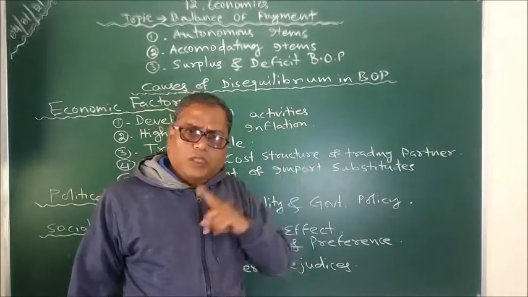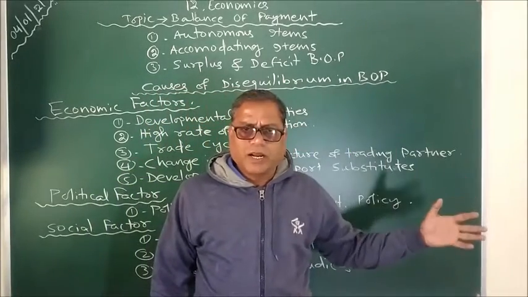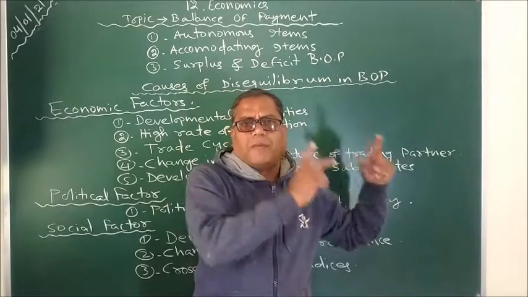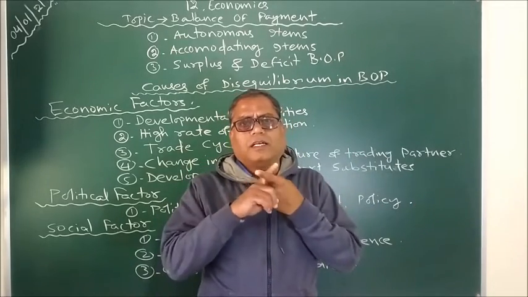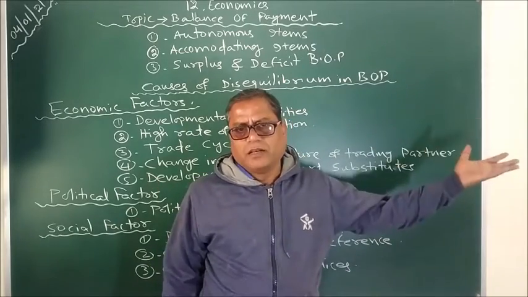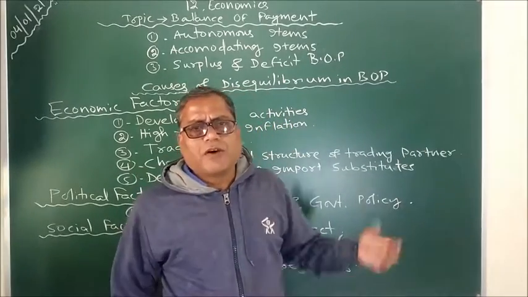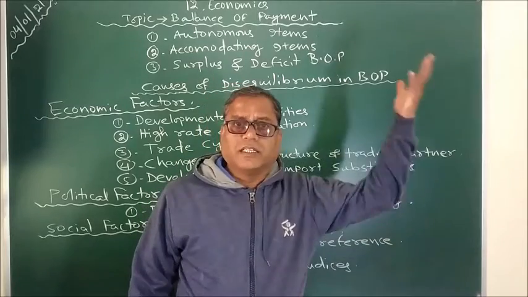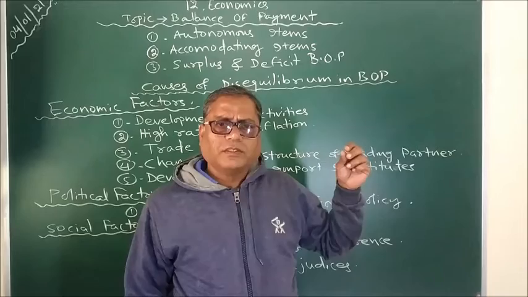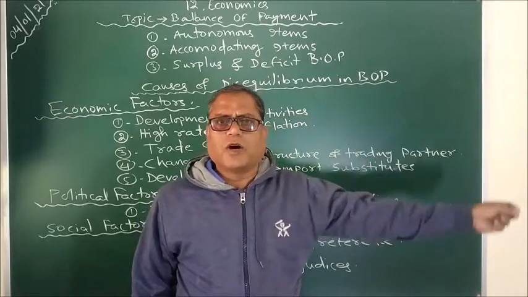In both cases, investment or lending, it is a matter of capital account, because our liability asset status is changing. If we are making investment, then obviously our asset is increasing.